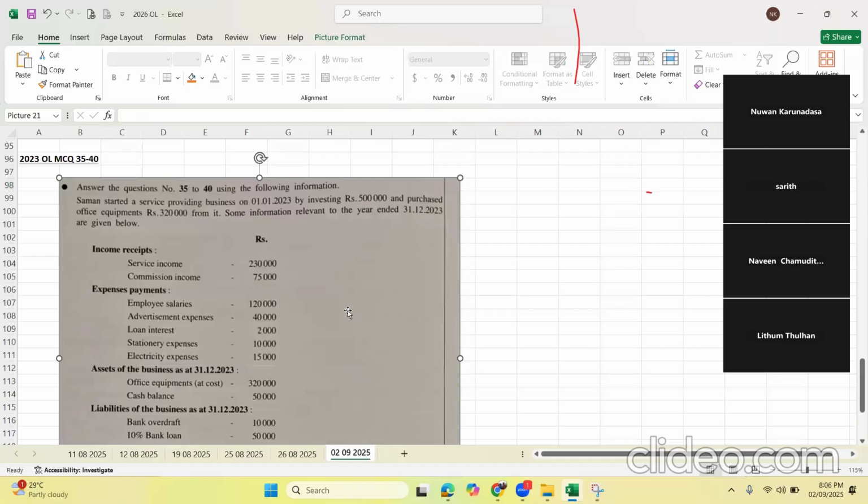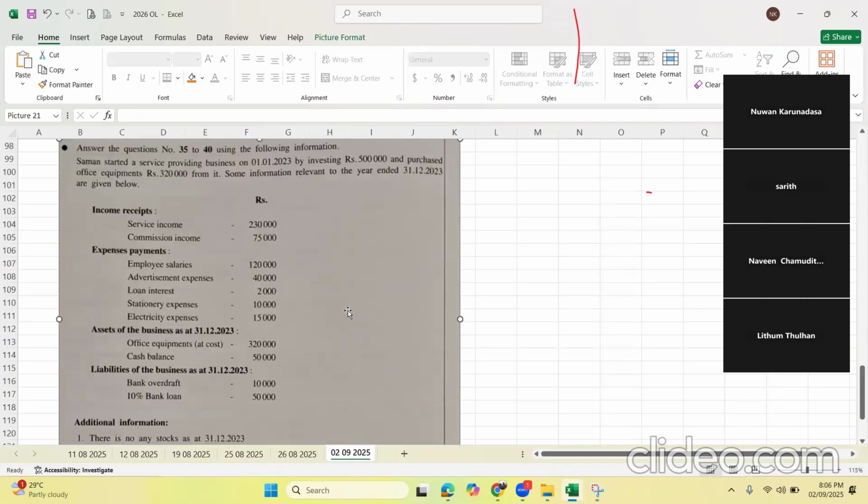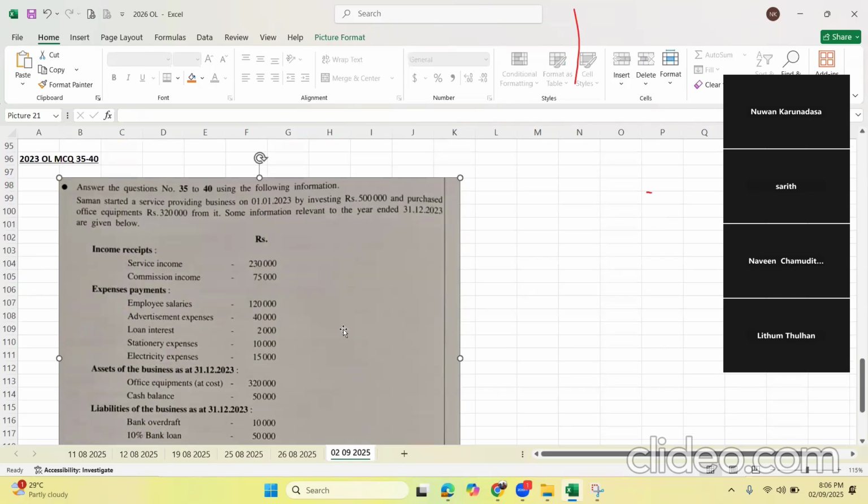Answer the question for 35 to 40 using the following information. Someone started a service providing business on 1st Jan 2023 by investing 500,000 and purchased office equipment for 320,000 from it. So this is a new business. Owner's investment is given here, 500,000.